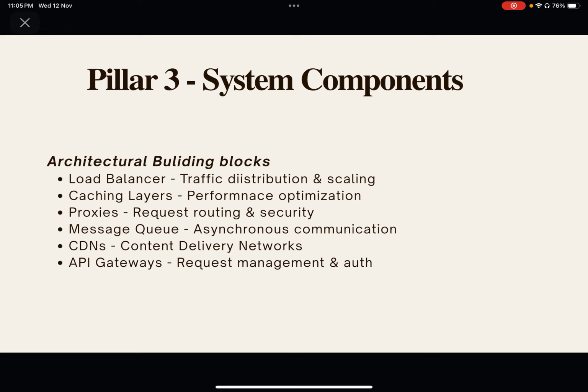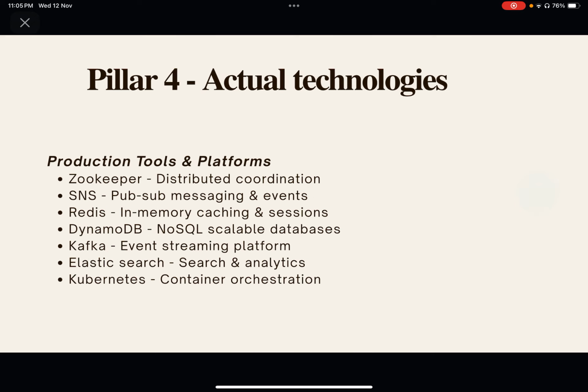CDNs distribute content geographically closer to users, and API gateways manage request routing, authentication, and rate limiting. Each of these components solves specific problems, and knowing when and how to use them is essential. You will combine these components like we used Lego blocks as kids to build a complete system.